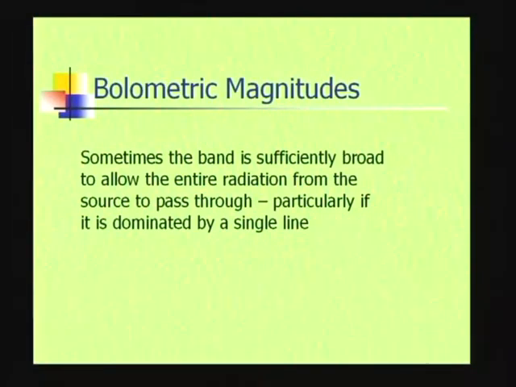We also have bolometric magnitudes. I have introduced what we mean by bolometry. A bolometer in principle measures the entire radiation from a source. So, you could have bolometric magnitudes if your filter has a sufficiently broad pass band, so that the entire radiation from the source is let through, then the magnitude that you would get is called the bolometric magnitude.